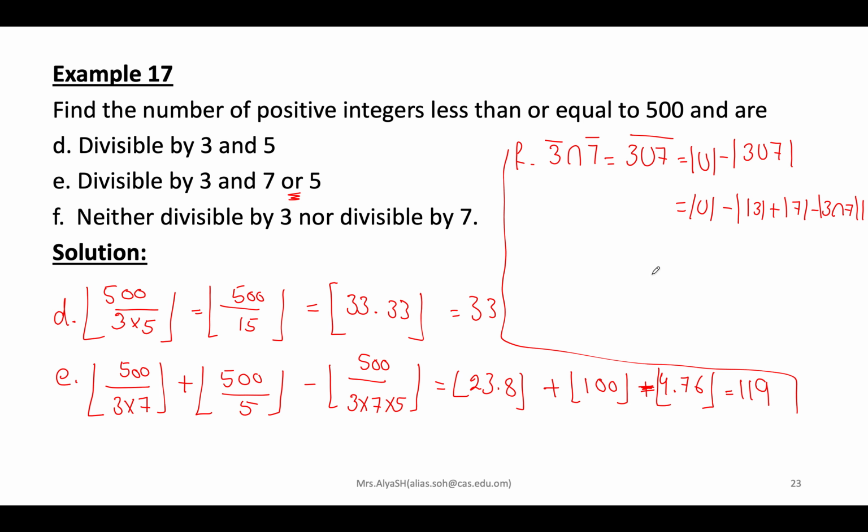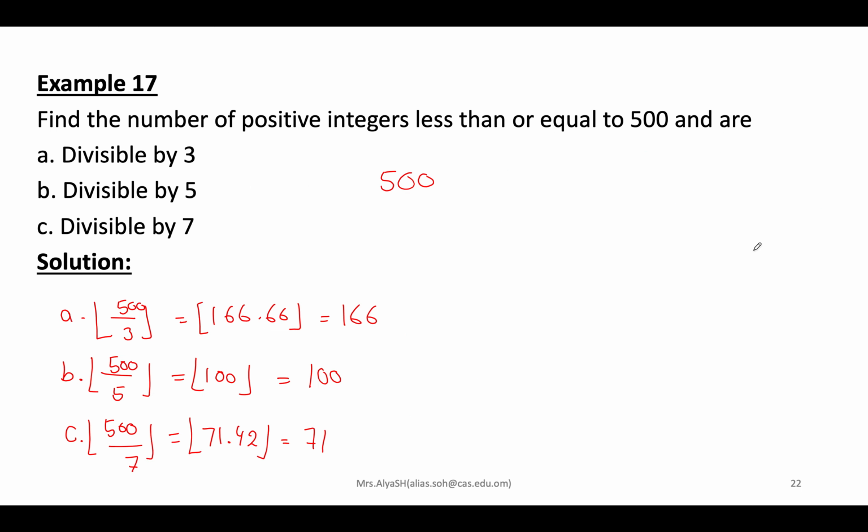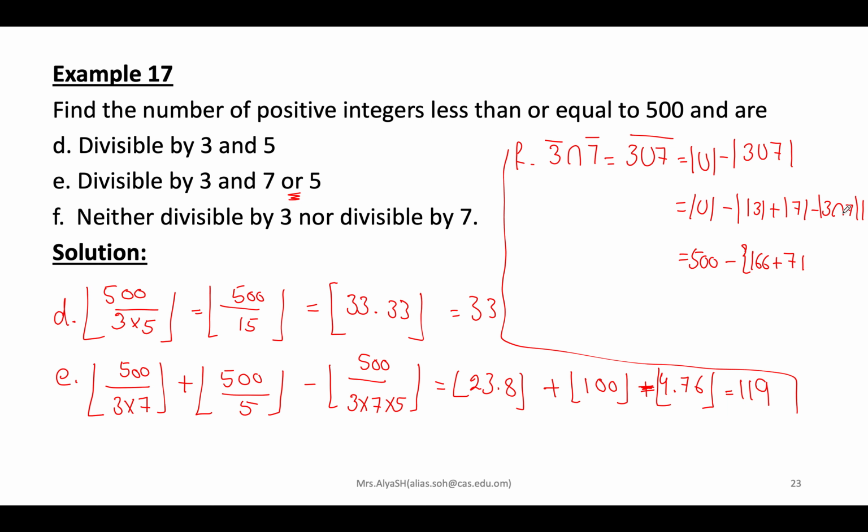So here we got that the whole set I got has 500 numbers. Then the numbers divisible by 3, from the last example, are 166. And the number divisible by 7 is 71. And the number divisible by 3 and 7 is 23.